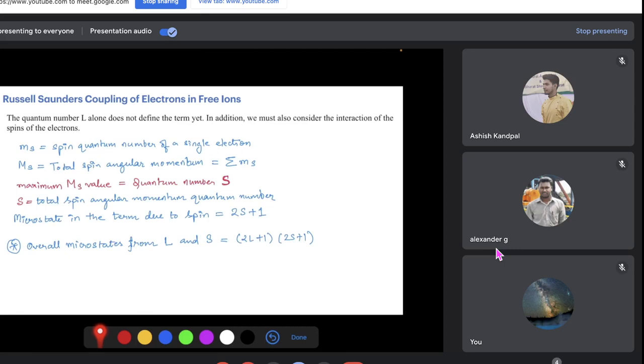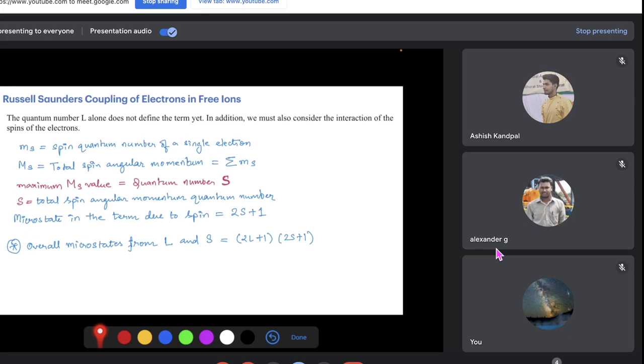The quantum number capital L alone does not define the term yet. We also need to consider the spin of the electrons, where ms is the spin quantum number of a single electron. Capital MS is the total spin angular momentum, the summation of each electron's ms value. The maximum MS value gives the quantum number denoted as capital S, the total spin angular momentum quantum number, and the number of microstates due to this is 2S plus 1.